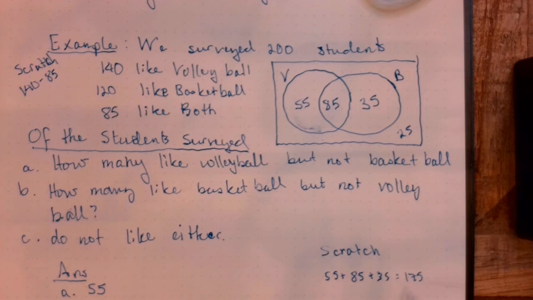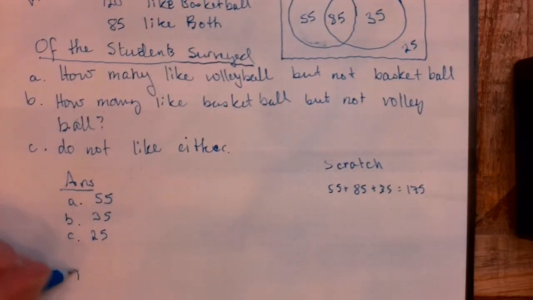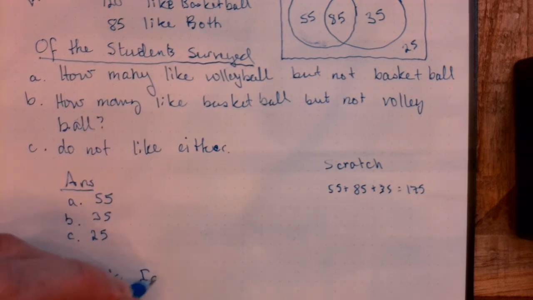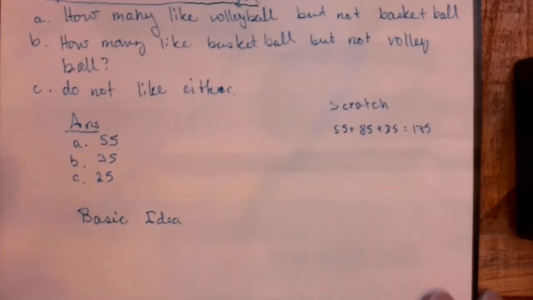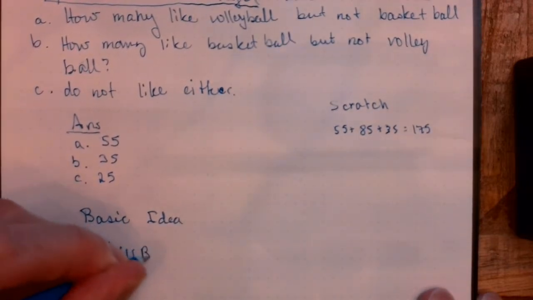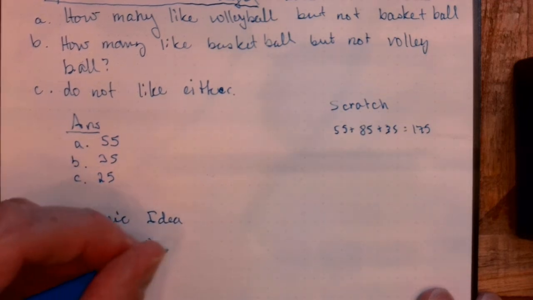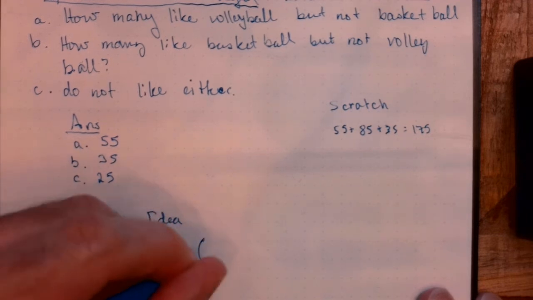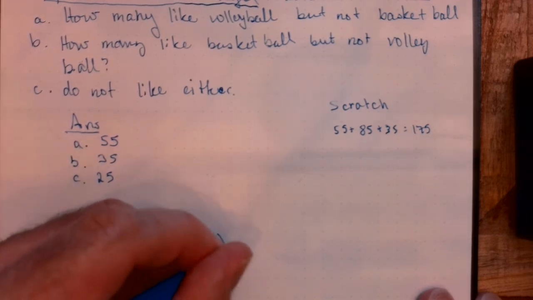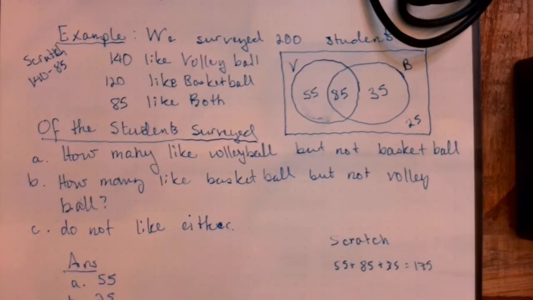Okay? So the basic idea is that if I take the number of things in the union of the two sets, the number in volleyball plus basketball, you're tempted to say, well, that's the number of people in volleyball plus the number of people that like basketball, but that's not true.